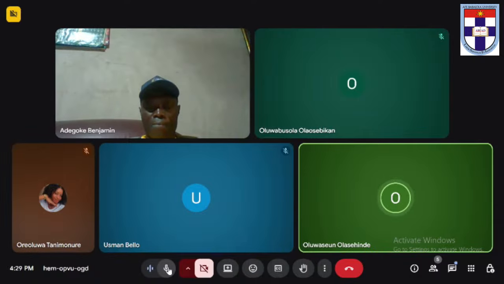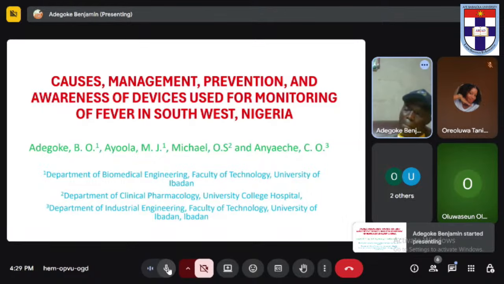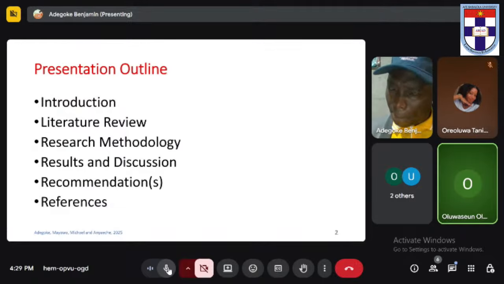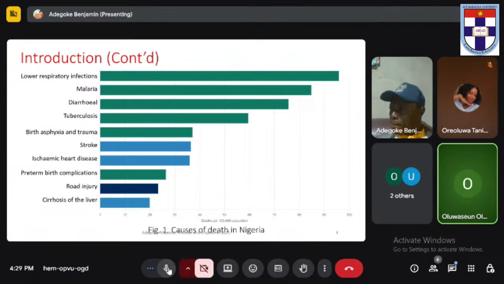Okay, thank you. So in your title, you say the course is management, prevention, and awareness of the devices used for monitoring of fever in Southwest. However, in your second slide, you make mention of malaria. So are you assessing how the health workers detect fever, or is your study based on assessment of various types of fever?